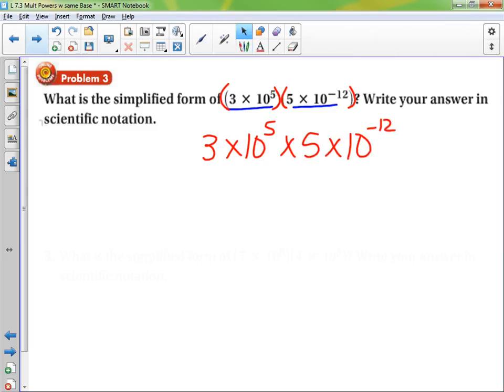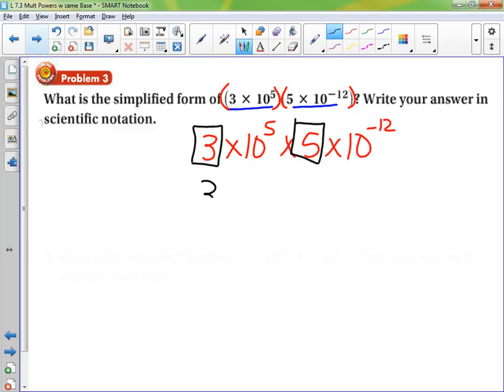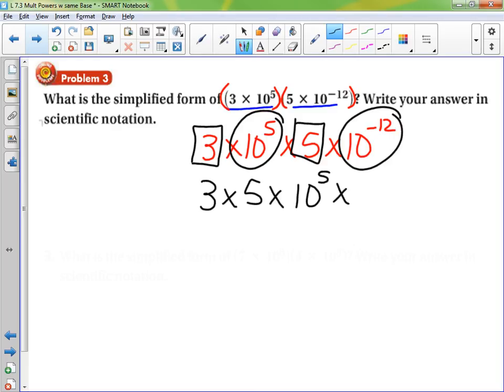And just like the last problem, you could take the time to organize or reorganize these numbers so that I write the two whole numbers, 3 and 5, first, and the 2 powers of 10, second, times 10 to the 5th, and times 10 to the -12th.